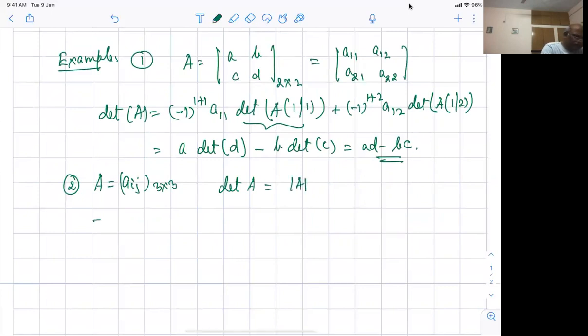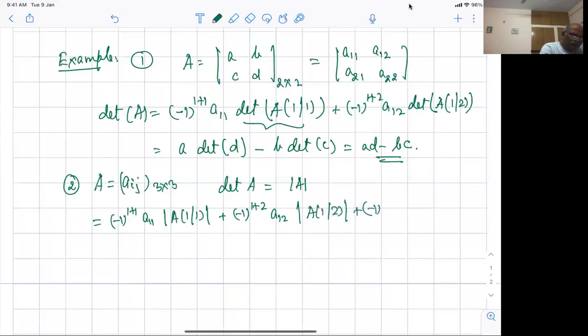So this is the same as minus 1 to the power 1 plus 1, A11 into the determinant of A with the first row and first column removed, plus minus 1 to the power 1 plus 2, A12 and the determinant of A with the first row and second column removed, plus minus 1 to the power 1 plus 3, A13, and from A remove the first row and third column.